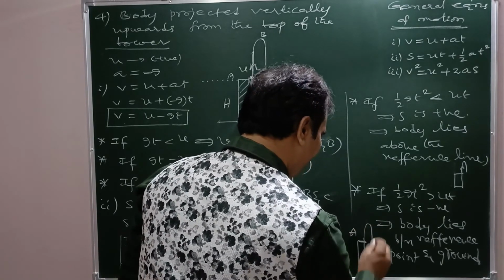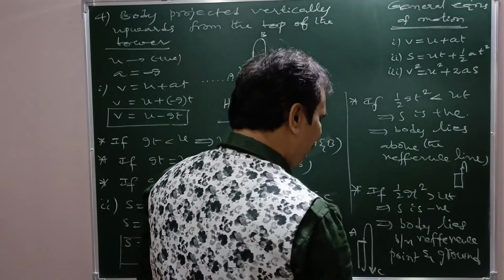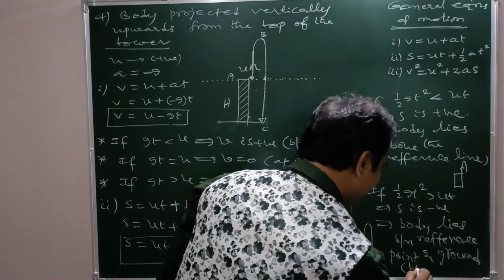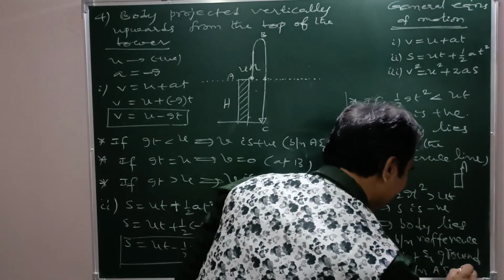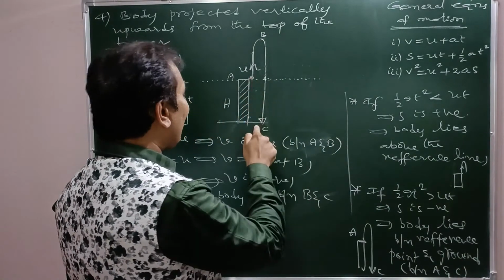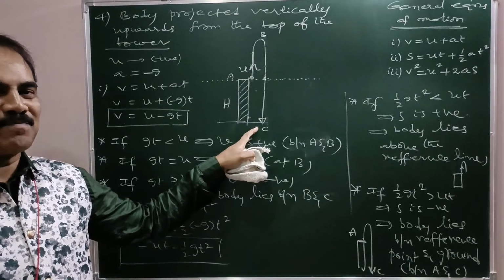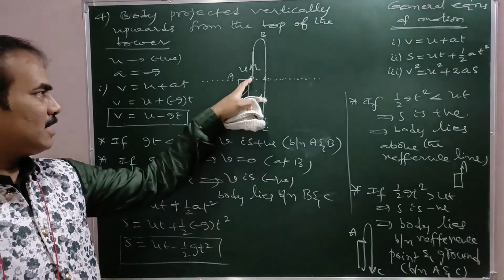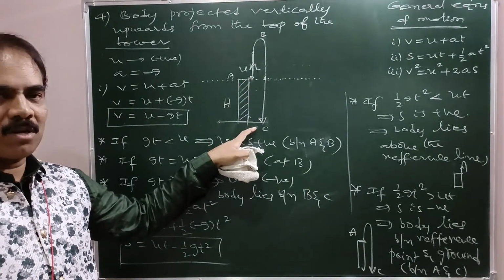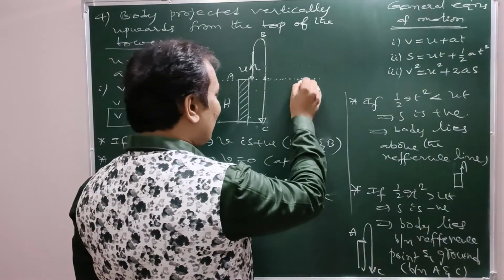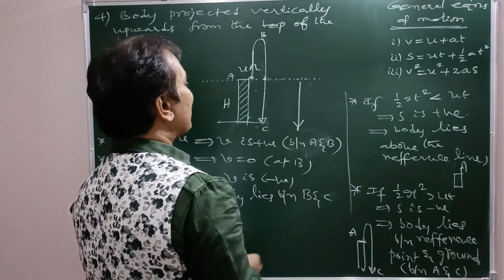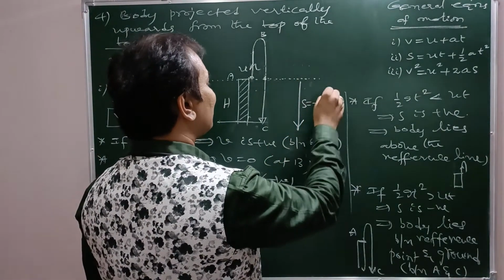See, between these two points, this is A, this is C, between A and C. Between A and C, what is the sign for displacement? Negative. See, this is the initial position, this is the final position. A line segment from initial to final. Negative or positive? Negative. So s equal to minus h.